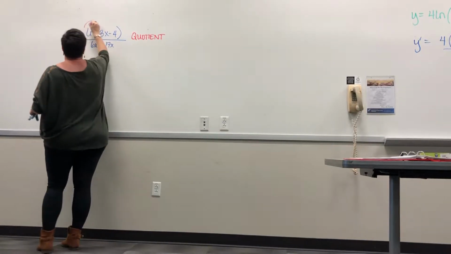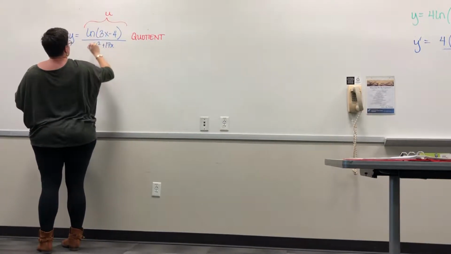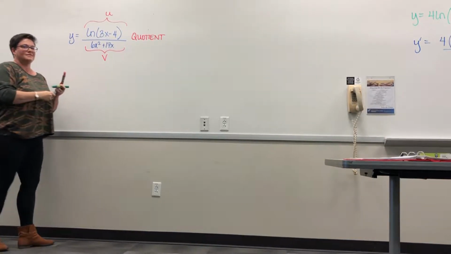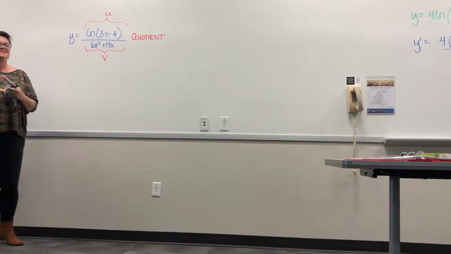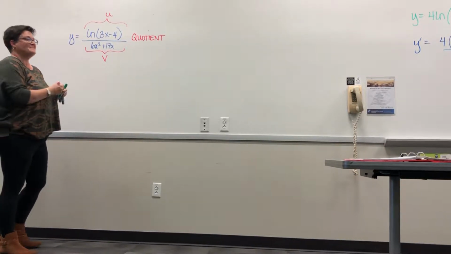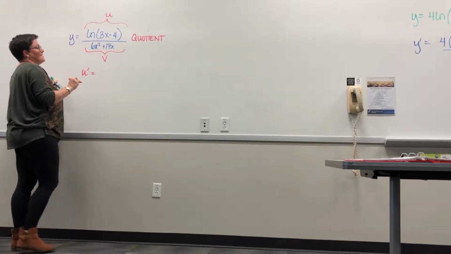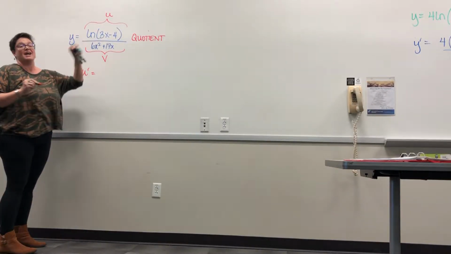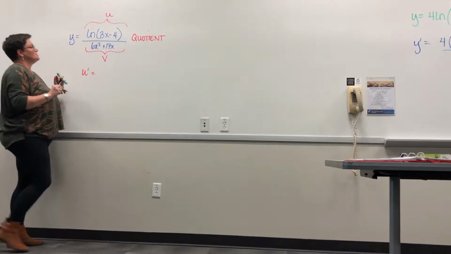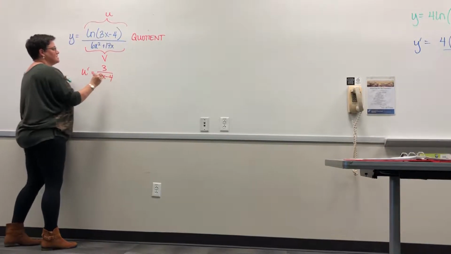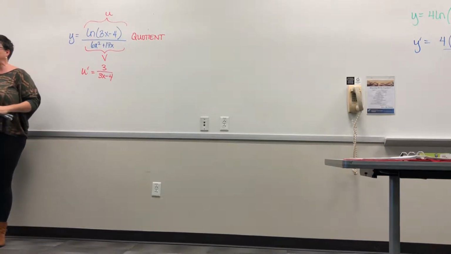So what's my u? And what's my v? So what's my u prime? Is the ln also included in the u? Yeah, my u is the entire numerator. So what's the derivative of that? It's gonna be 3 over 3x minus 4.